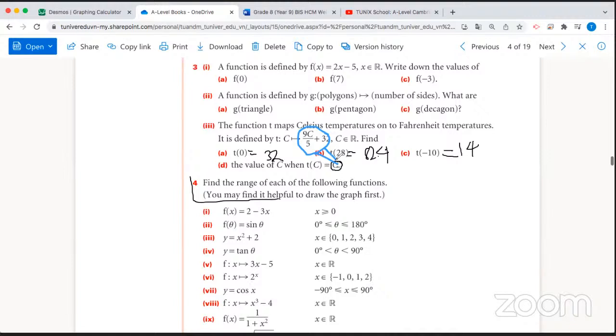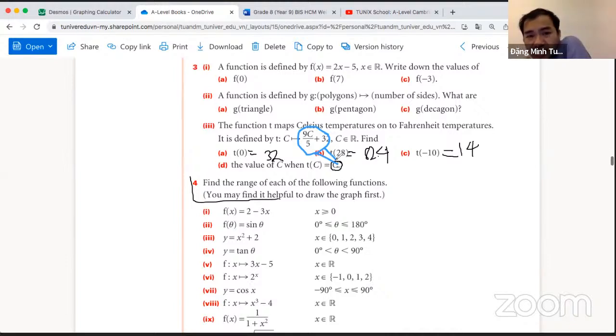So 9C over 5 plus 32 equals C. It's a negative number, be warned.